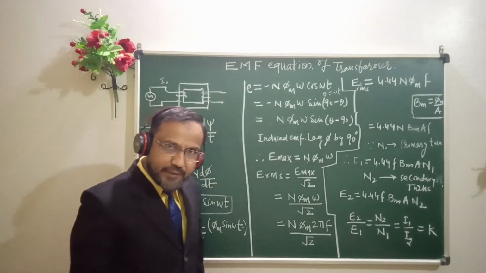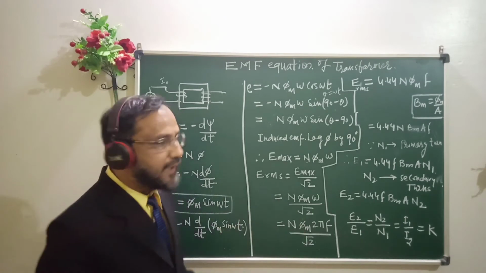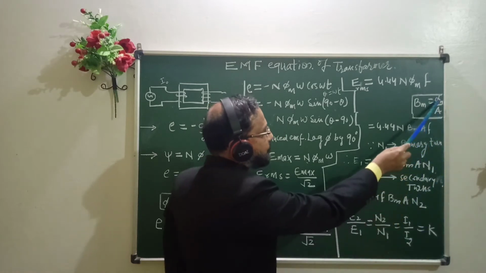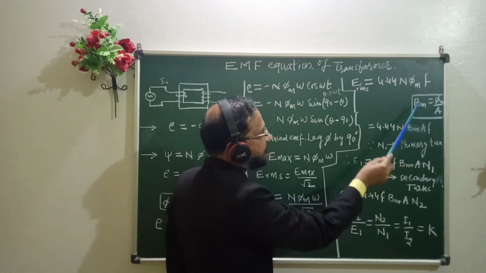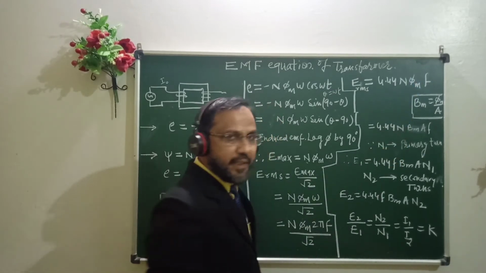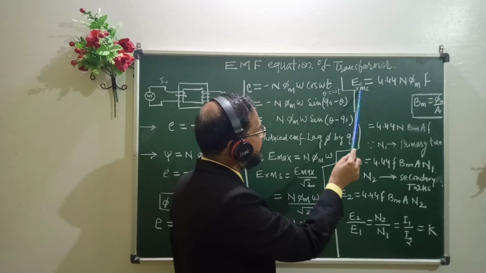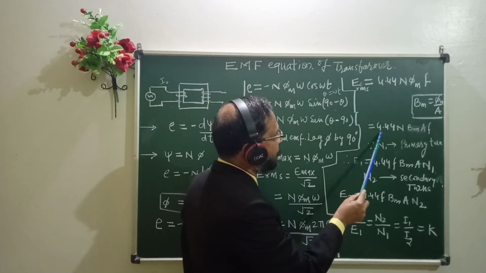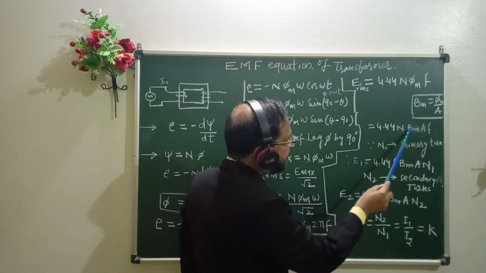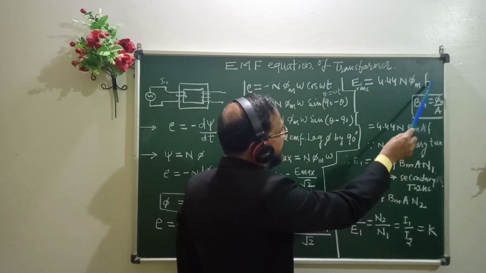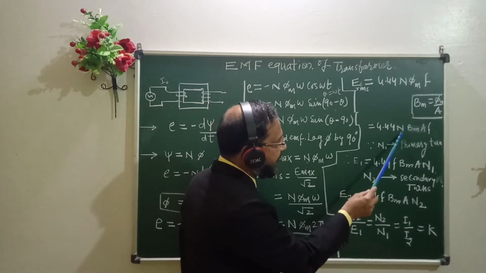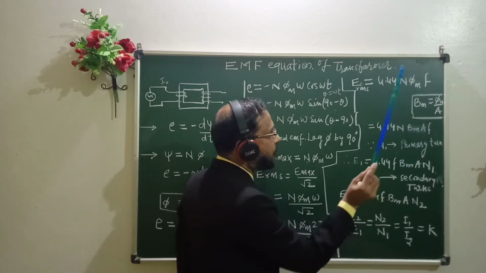Now, what is flux density? That is flux per unit area. It means Bm equals phi m by A, or phi m is the product of Bm into A. So I am replacing this phi m by Bm into A. In this way the equation becomes E RMS equal to 4.44 N Bm into A into f.